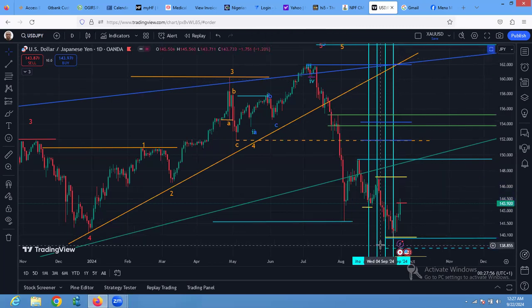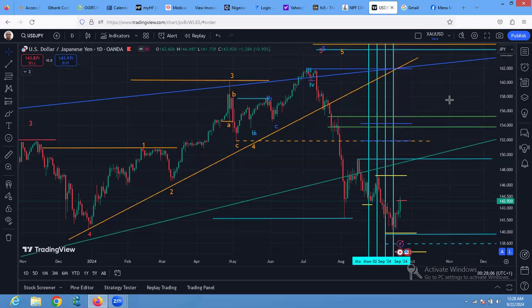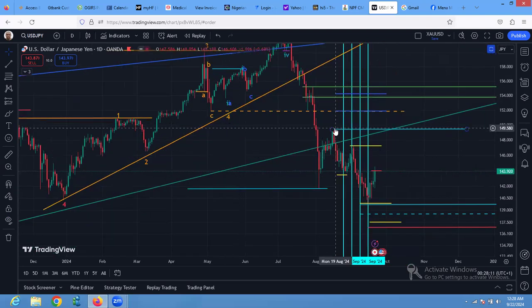So around this area, we can look at this in terms of this. Let's see. If we consider this as an A move and a B to the downside, a 1, 2, 3, a 161.8 area.